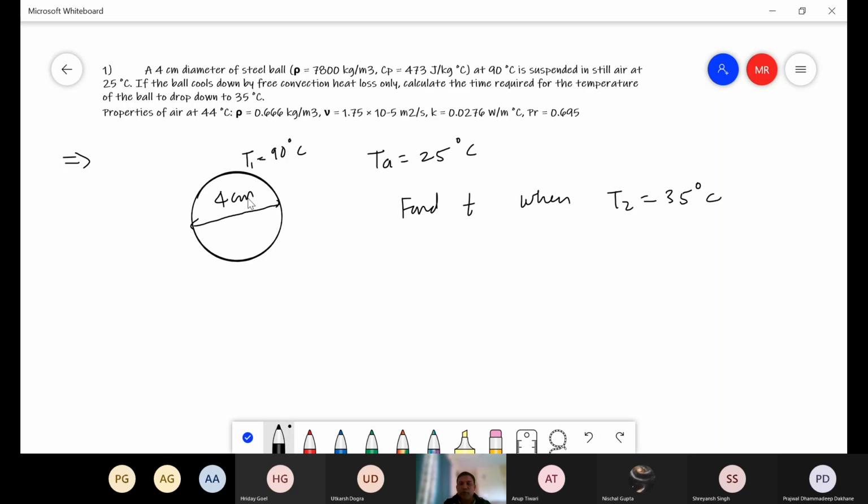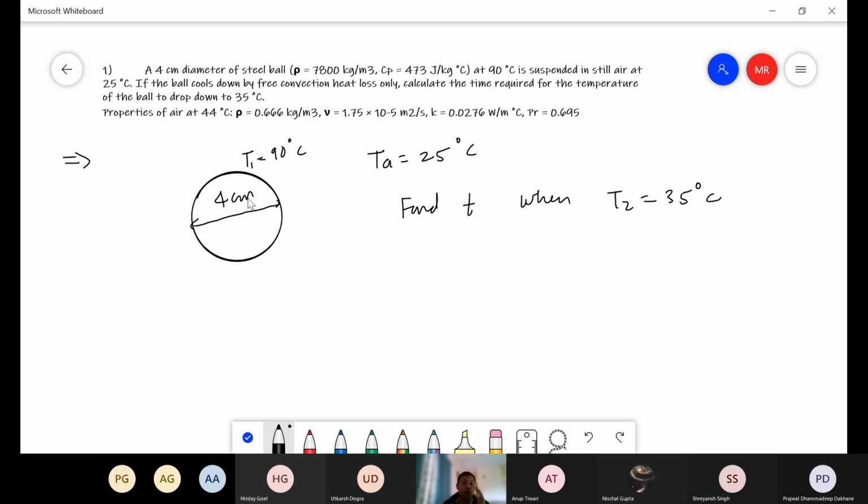But in free convection, the fluid is not moving at all. So the wall temperature and the bulk fluid temperature are taken, and the average of that is the average temperature. This is the small difference. Is it clear to everyone?